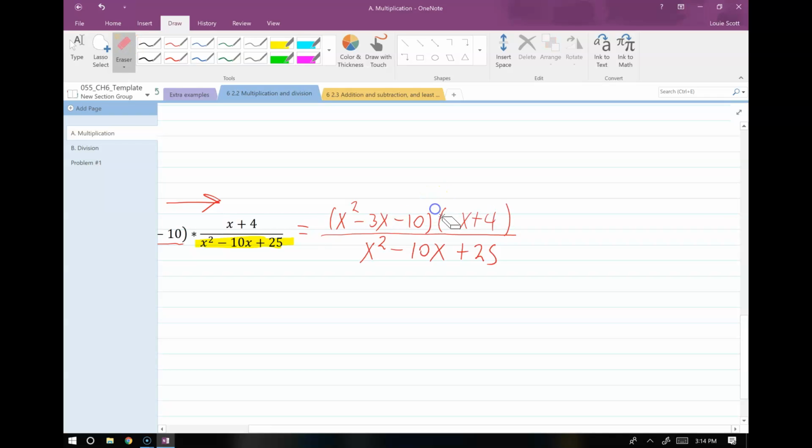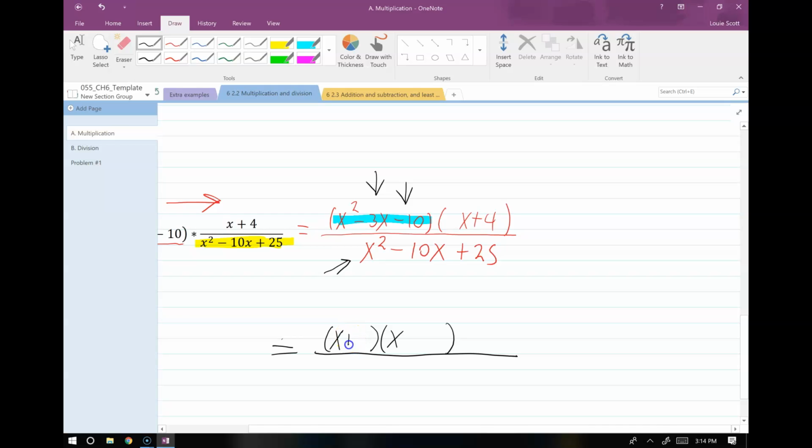So let's see if I can erase this. There we go. Now on my next line, I'm going to factor this polynomial out and this polynomial out and see if I can cancel anything. At least with this polynomial that I'm highlighting in blue, it's just a basic shell because I don't have a coefficient. And I'm looking for two factors of 10.